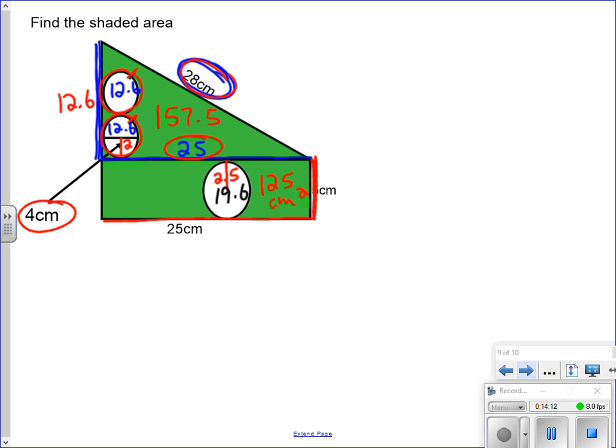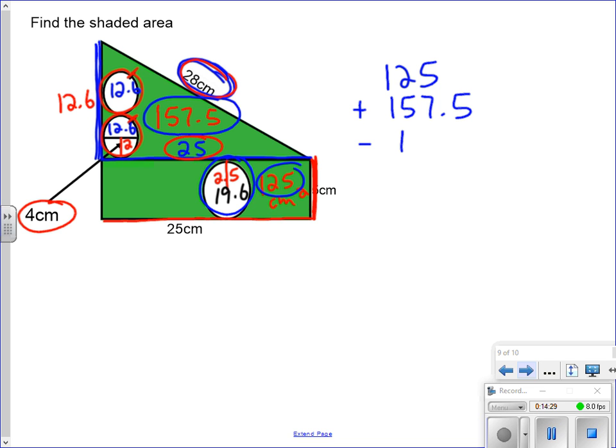So in total, I'm going to take my 125, area of the rectangle, add it to the 157.5, and then simply subtract the circle because it's not shaded. So I'm going to subtract 19.6 and subtract 12.6 and another 12.6 because there's 2 circles up top that are not shaded.